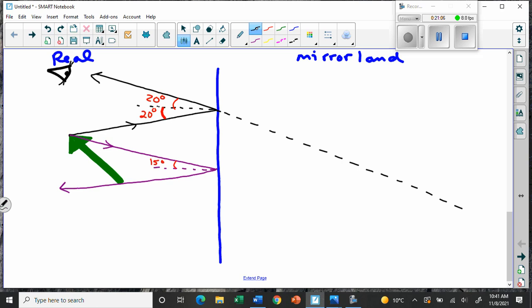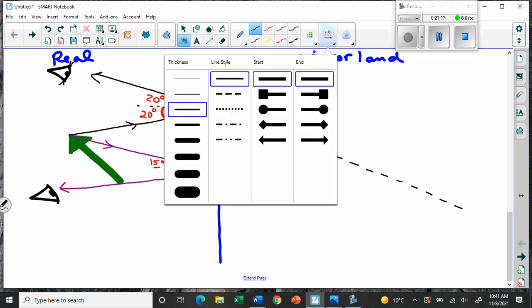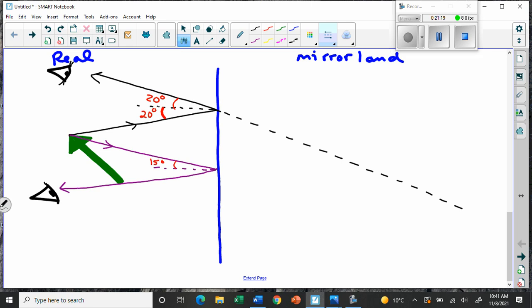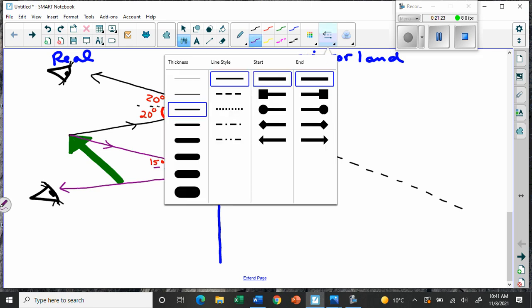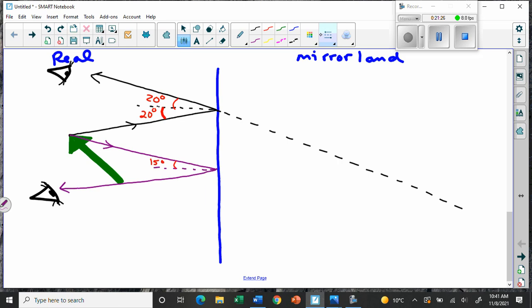Okay. Now, your eye, it's the same eye, of course, on this side of the mirror, but I'll just draw the eye again. This eye would see the light over here, and it would think that this light came in a straight line from somewhere all the way over here.